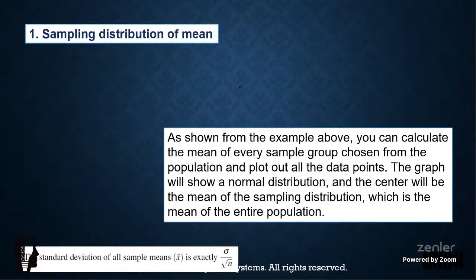First of all, the type of distribution is the mean, the sampling distribution of the mean. Let me give you one example and first the definition. We know what the sampling distribution of the mean is: it is the probability distribution of each and every statistic obtained from a larger number of samples drawn from a specific population.